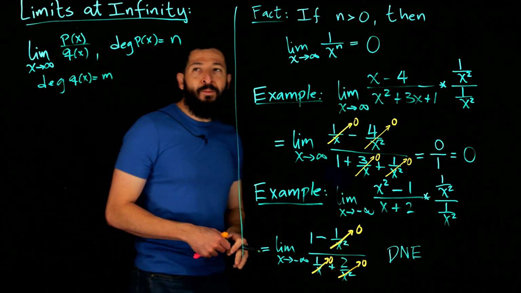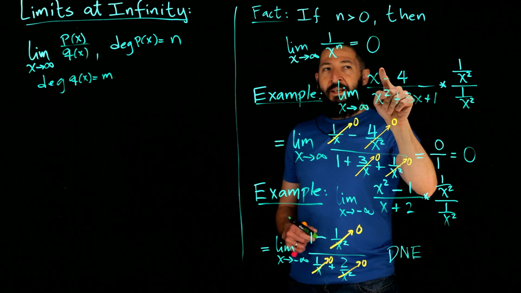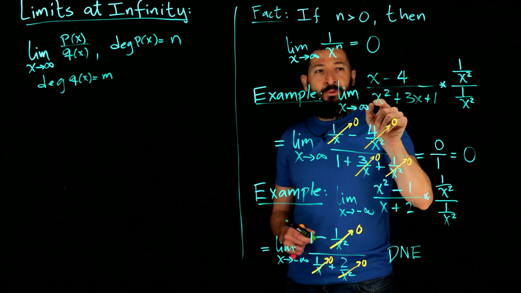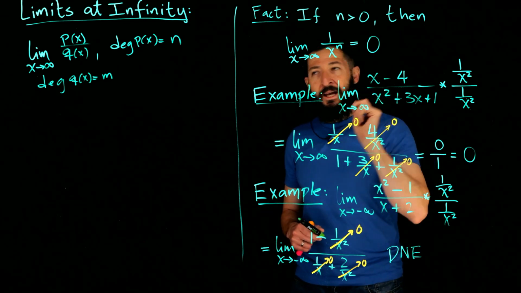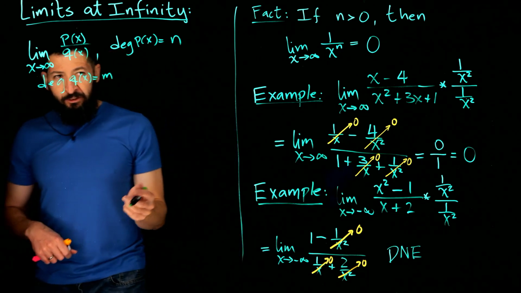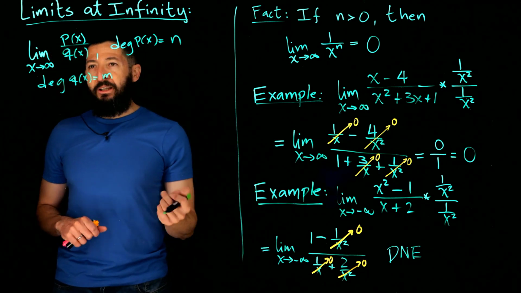So in our previous example, n would be the degree of the numerator, which is 1. m would be the degree of the denominator, which is 2. So n is 1, m is 2. So let's take a look at the possibilities.